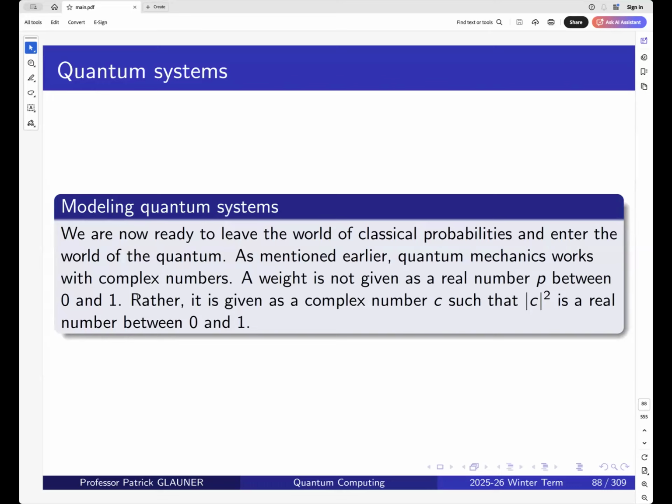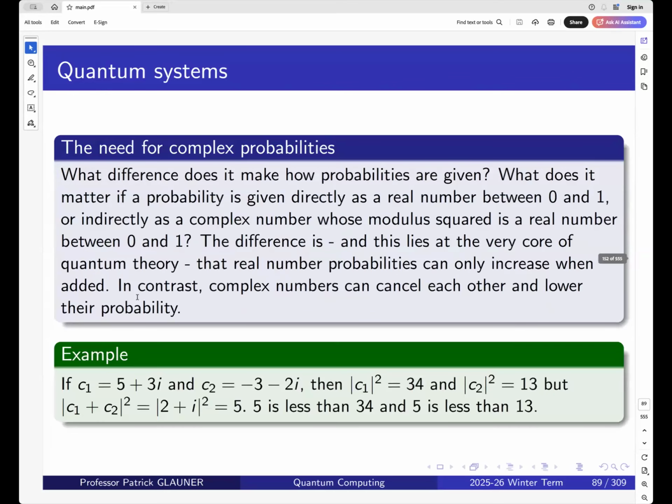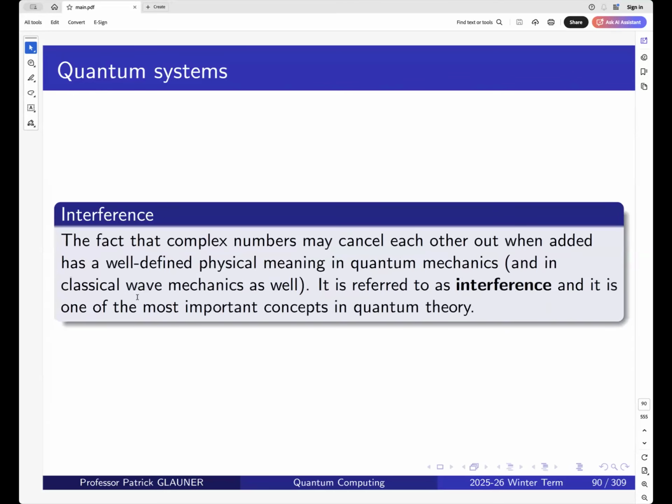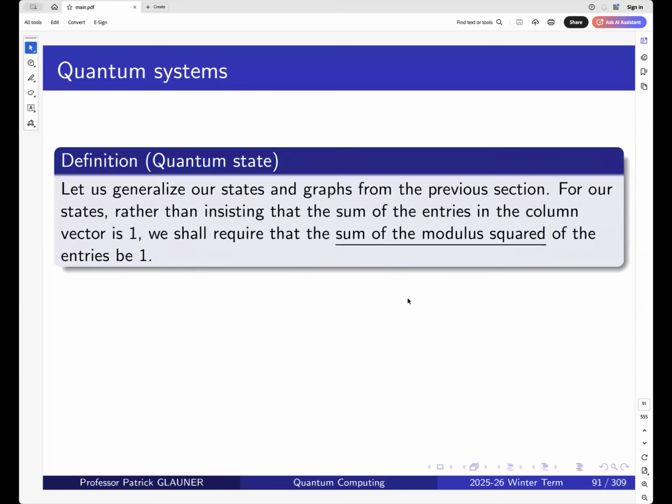It's probably just a much smaller particle, like a photon or something else, for which the laws of classic probabilities don't apply, but rather we deal with quantum mechanics. And why do we do this? Because we can have an effect that we call interference, so probabilities can cancel each other out if we use complex probabilities rather than real probabilities.